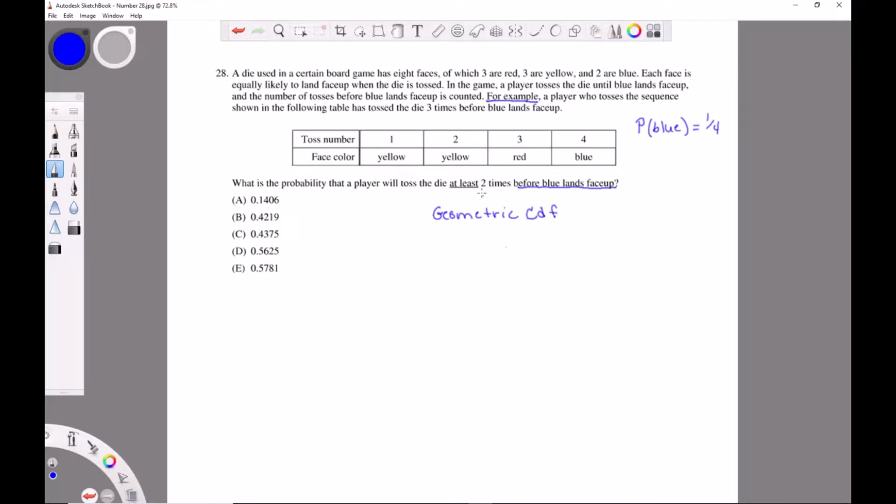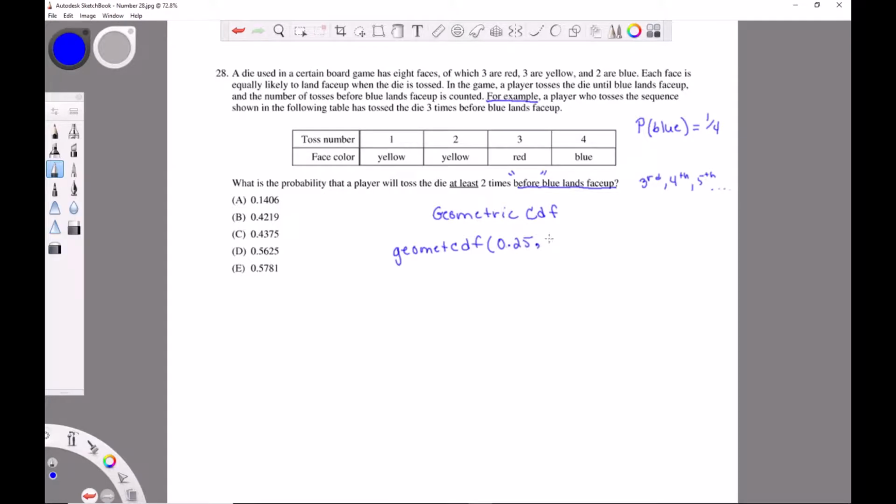All right, "at least 2 times before" is an important phrase too, because that means it can happen at the 3rd, 4th, 5th, or anything beyond that. So when you set this up, you're going to have a geometric CDF, and your probability of success is 0.25.